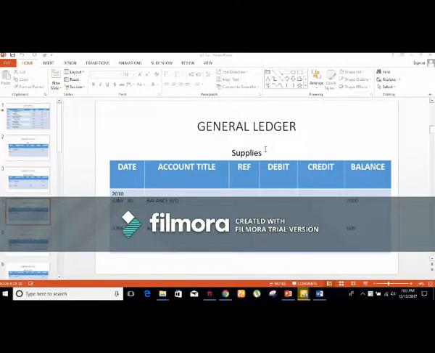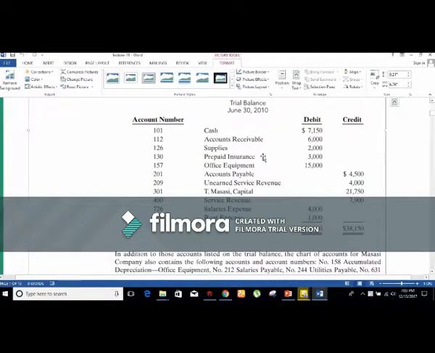Now I will discuss the rest of the ledgers. First, I am going to discuss office equipment. In the question we have office equipment of 15,000, which is a debit balance.